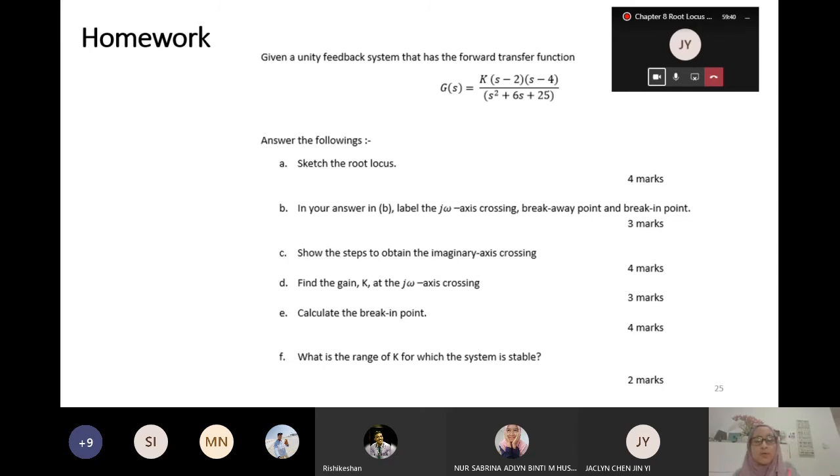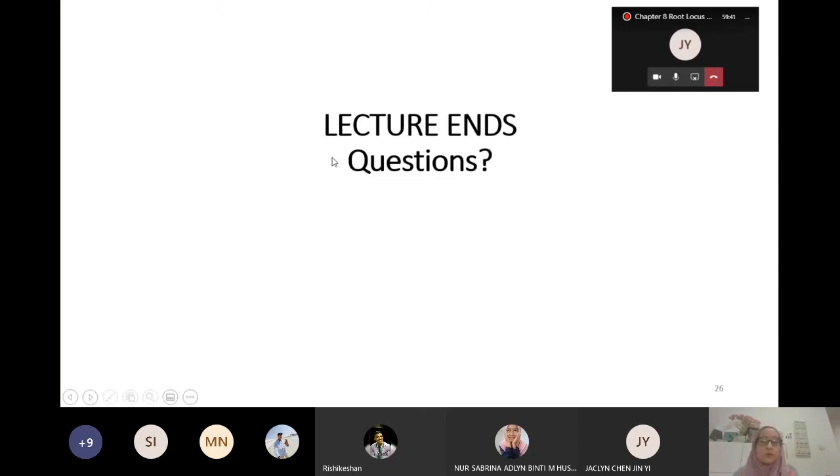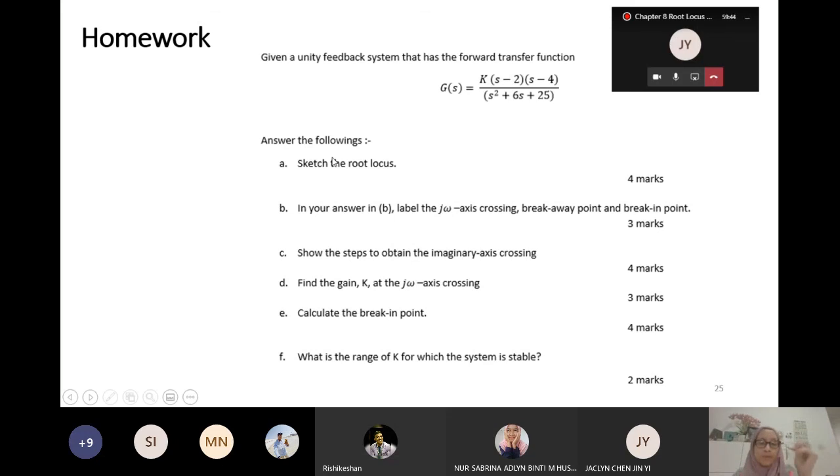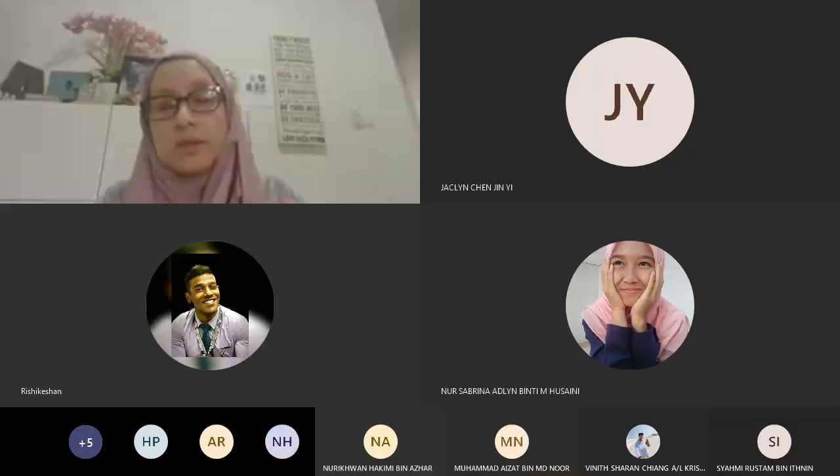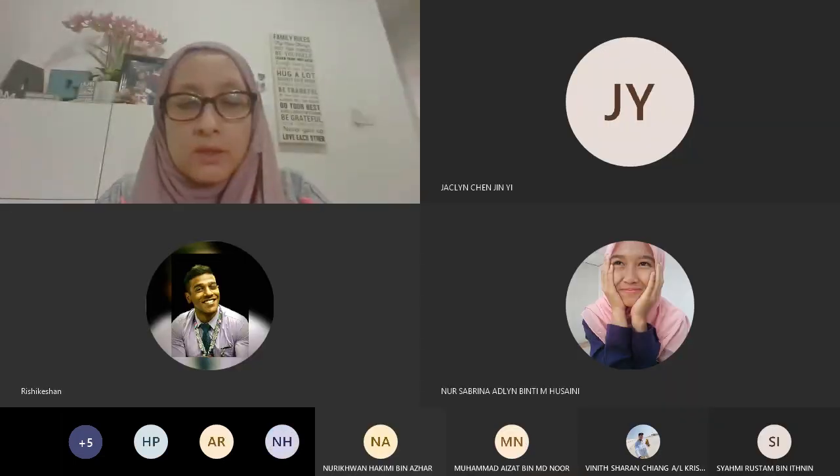The sketch of the root locus has to be done with pencil and pen for this homework. And then, what is the range of K for which the system is stable? Once you get the j omega crossing gain, you should be able to write the range of K. Okay, so that is the homework.